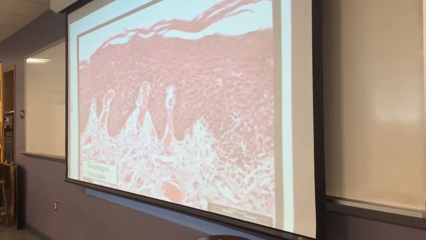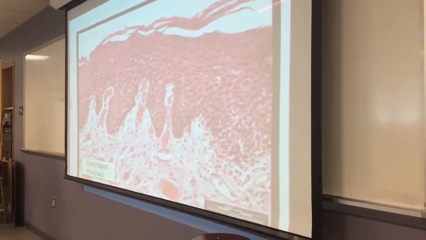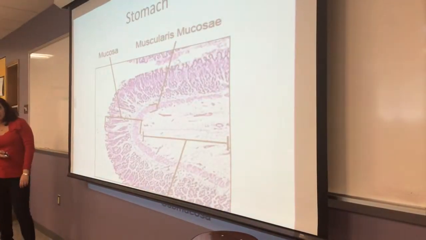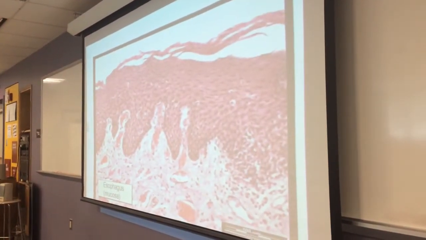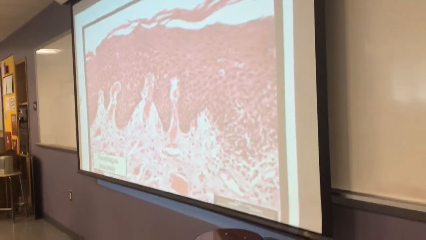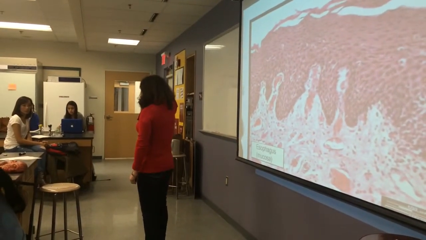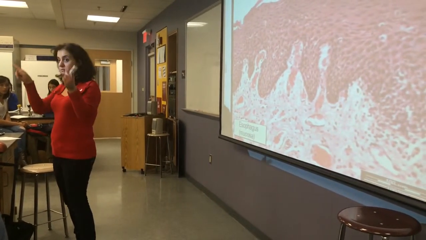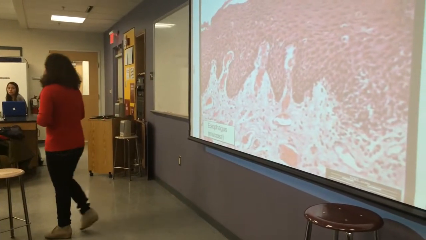This is another picture which shows you the stratified squamous epithelial tissue, which makes the mucosa. And here under it you have the submucosa. So in this slide that we have over there, that's a good slide of the esophagus. Make sure that you can find the epithelial tissue, which is the mucosa layer, the submucosa, two layers of the muscularis, the circular, which is inner, and the longitudinal, which is outer, and the serosa.